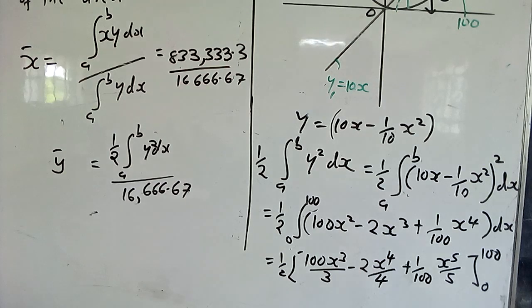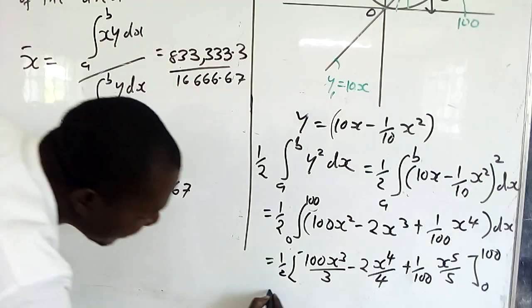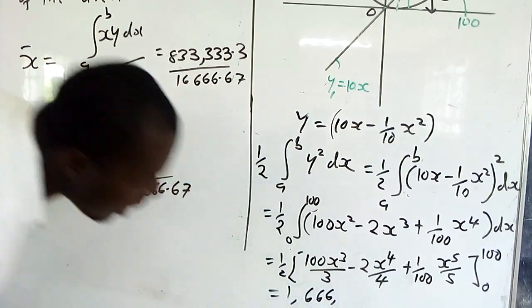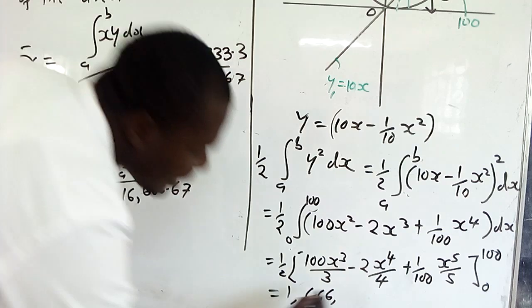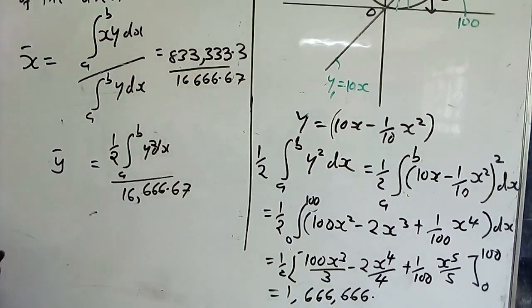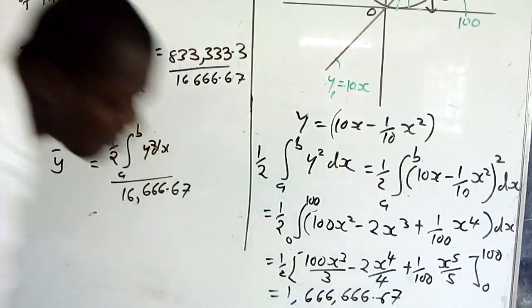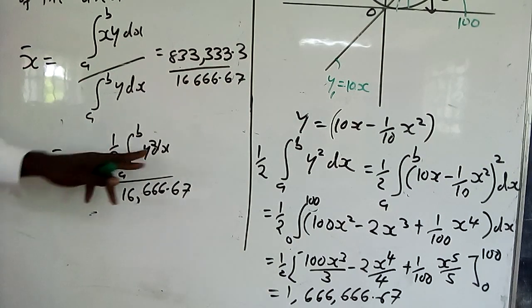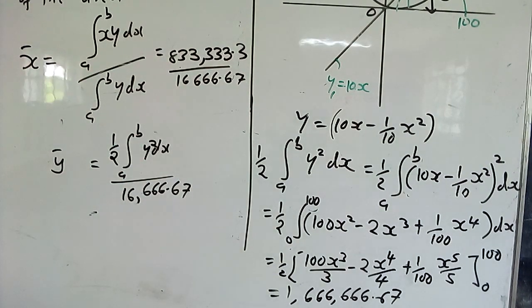Remember 100 times 5 is going to be 500, isn't it? 666.67. Very good. You see, you found the numerator, isn't it? Have you confirmed that? Good.